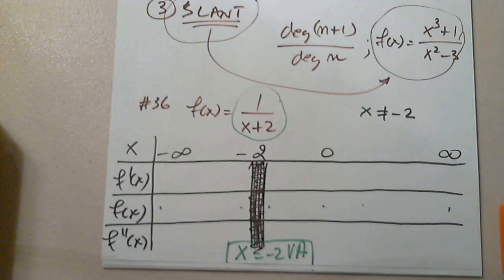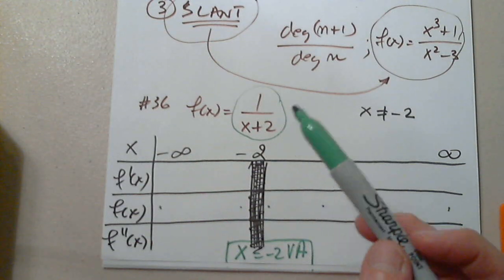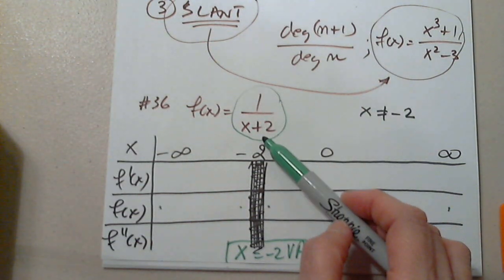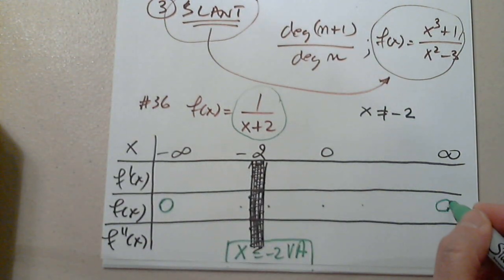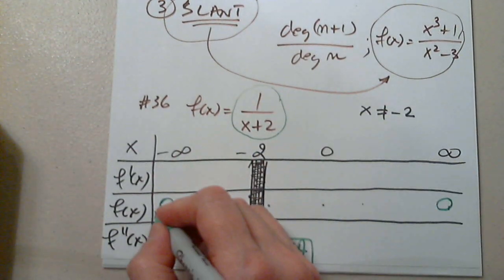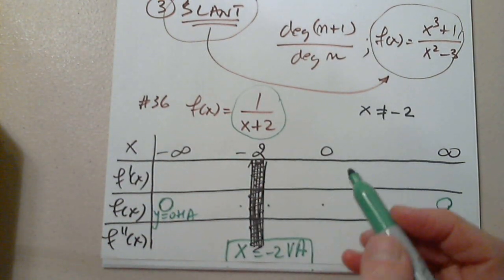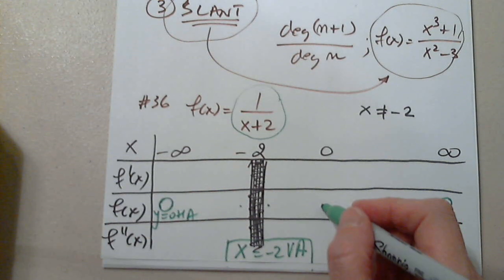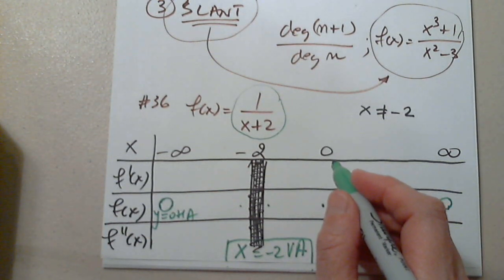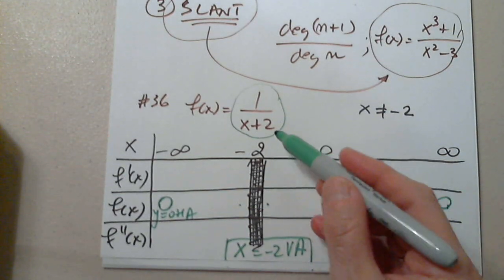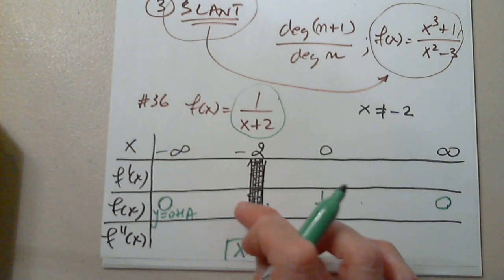Is it 0? Yes. Higher degree in the denominator. Remember, we always discuss that. Small over huge. That is always 0. Small over huge at infinity. So I make myself a note: y equals 0 is the horizontal asymptote. Can anyone plug in 0 and tell us what we get? 0 always has to be in the table. 1/2. Very good. 1/2.